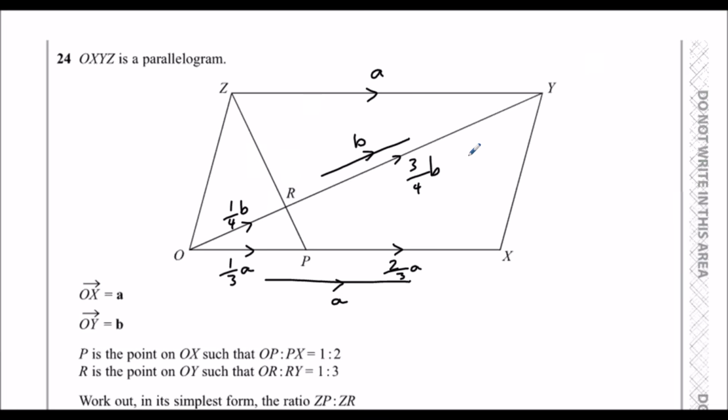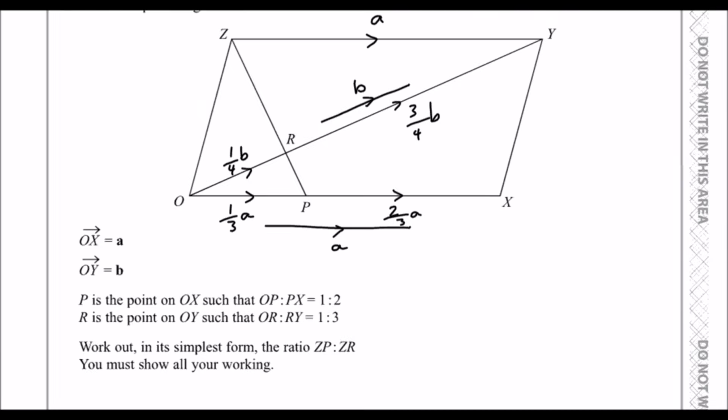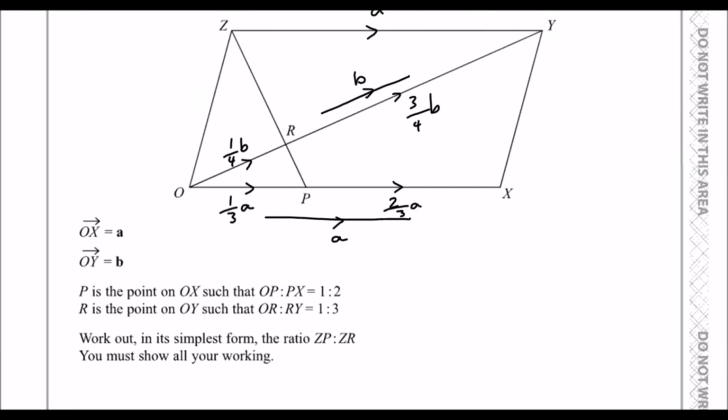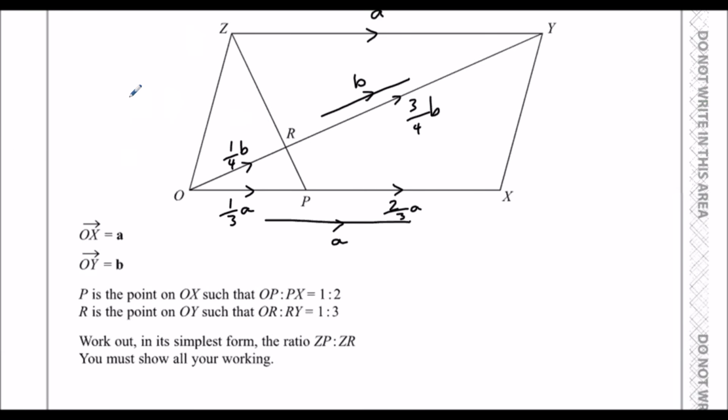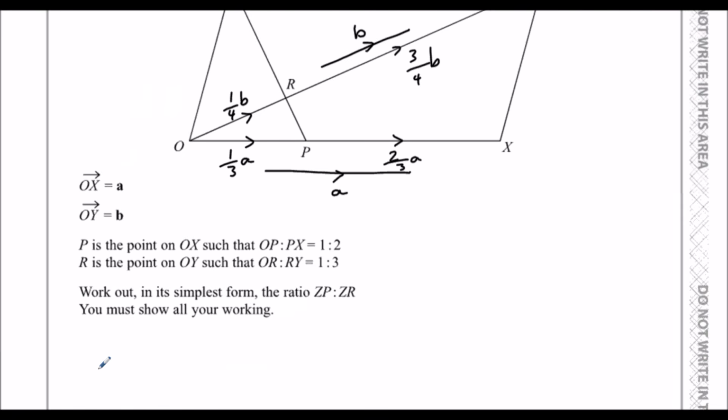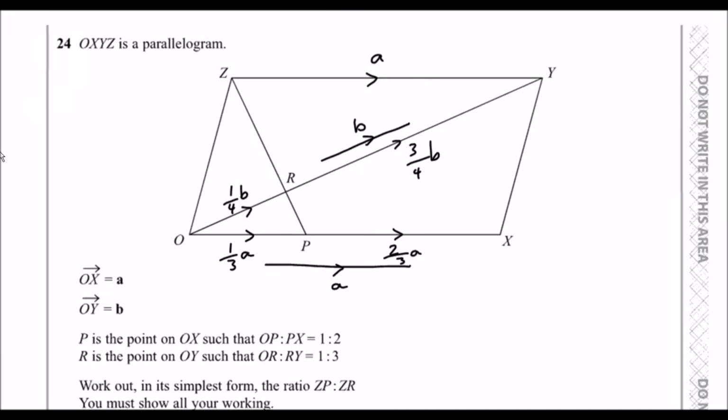Work out in its simplest form the ratio ZP to ZR. So we're going to work out how to get from Z to P and how to get from Z to R. So let's go from Z to P. How can we get from Z to P?